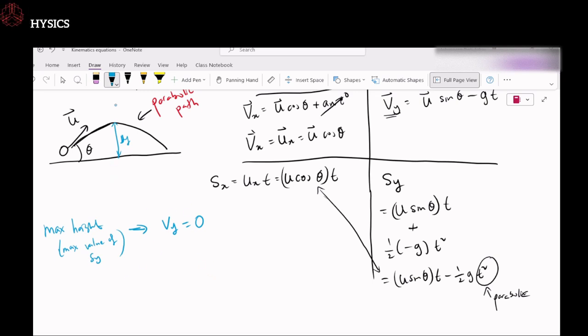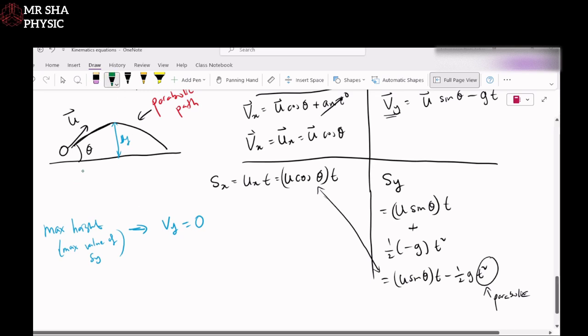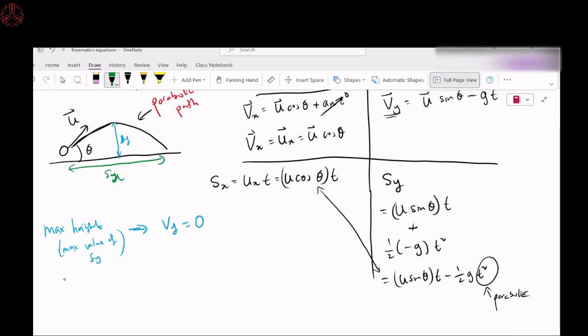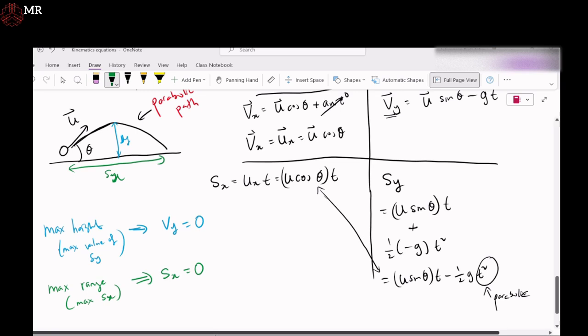Number two is that I can also talk about how far it travels. That's x, sorry. So this max range, as we call it, is simply the max displacement in x. This happens when it returns to its initial height, which is when y equals 0.